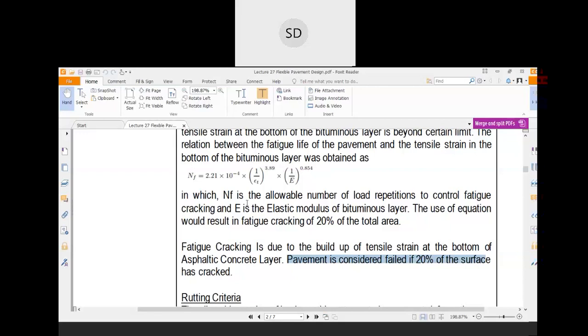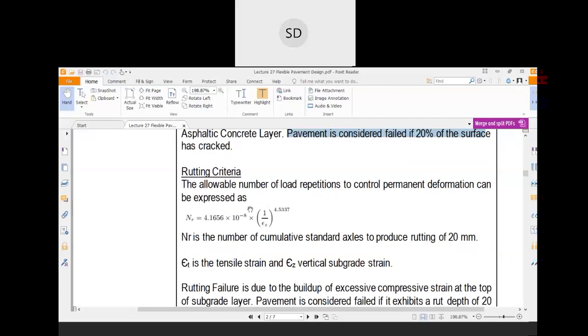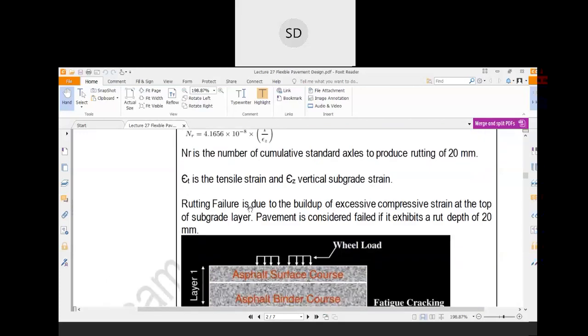So if we summarize the formula, NF is proportional to 1 by epsilon T into 1 by E. So that will change depending on the different pavement conditions.